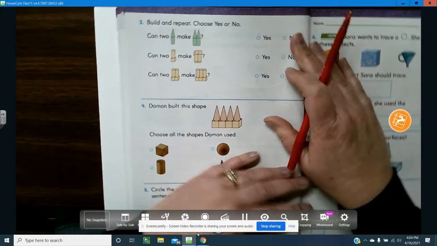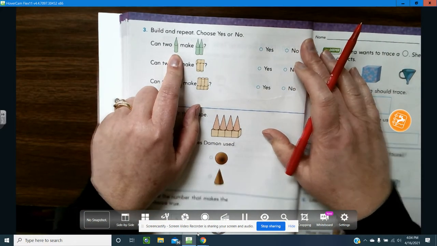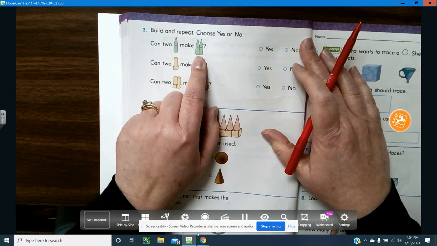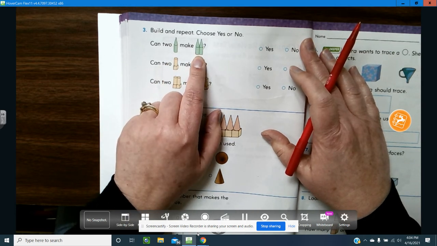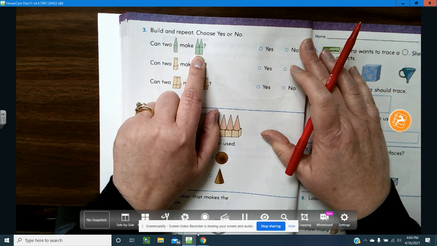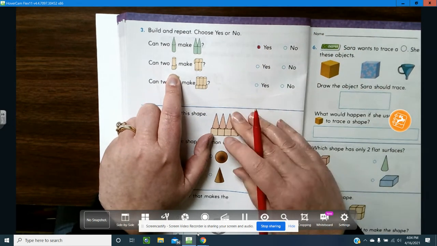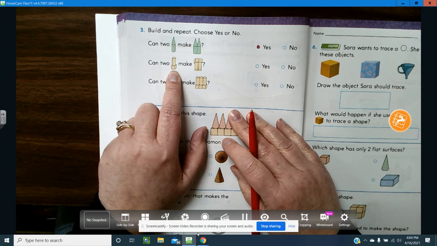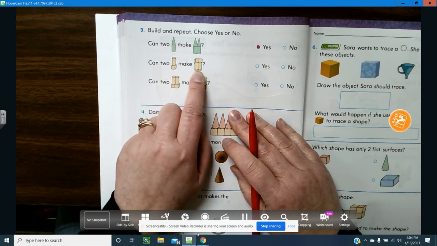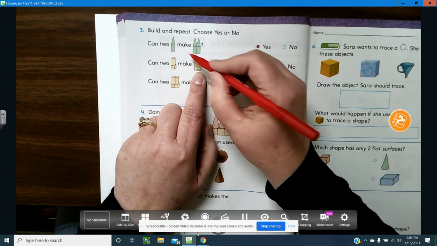On number 3, they gave you 1 green tower, and they want you to make, can you make this shape? Yes or no? If you take this shape and you copy it, will it make this shape? Yes. If you take this shape and you make another one, you copy it, could you make this? Yes, you could flip these right over.